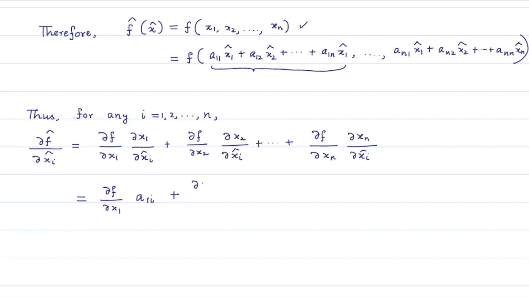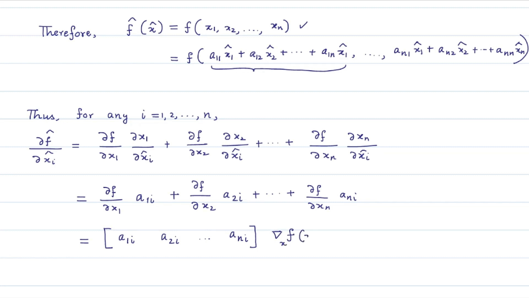The next term is similarly del f del x2 times a2i, plus so on, ending up with del f del xn times ani, which in turn in the vectorial form is given by the row vector with a1i as the first component, a2i the second component, ending up with ani the nth component, times the gradient vector of the function f with respect to the variable x, because the gradient of f with respect to x has components del f del x1, del f del x2, and del f del xn.